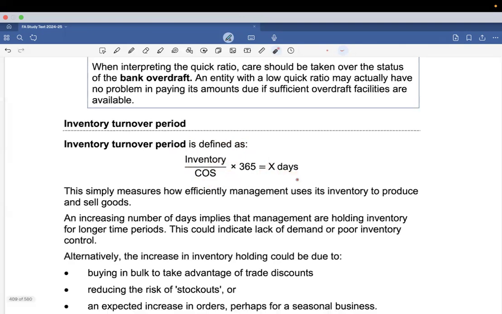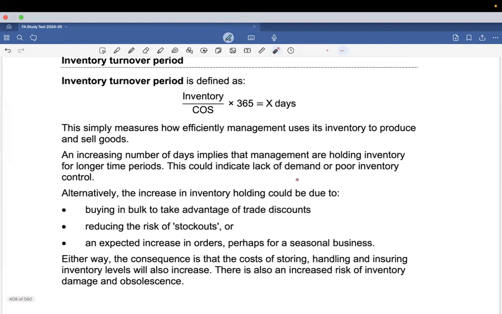So when the inventory holding period increases, it is not so good for the company. But depending upon which industry your company is in, it might be favorable because you can stock many goods at a lower price, that is, the bulk discount you get from the manufacturers.